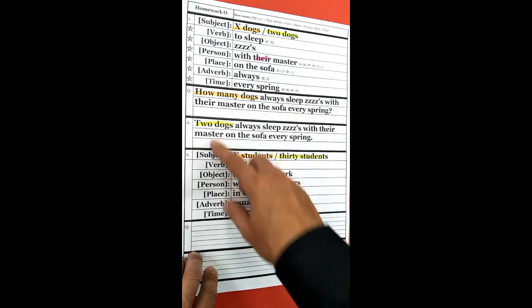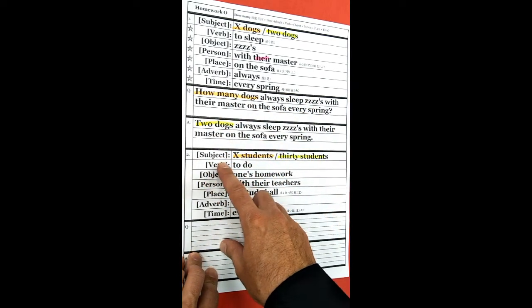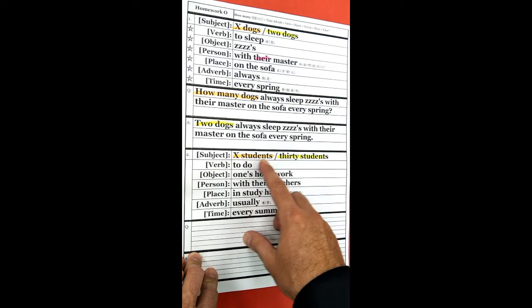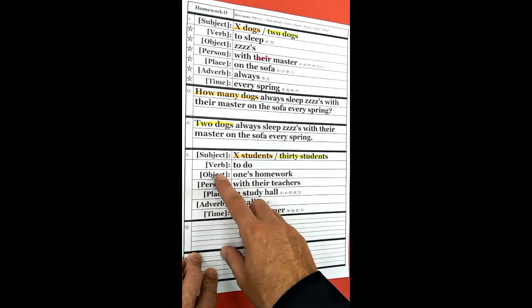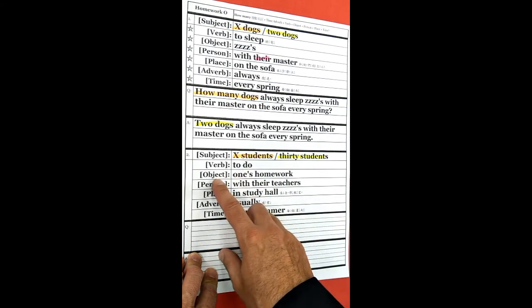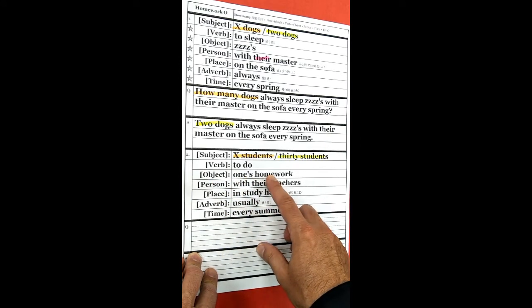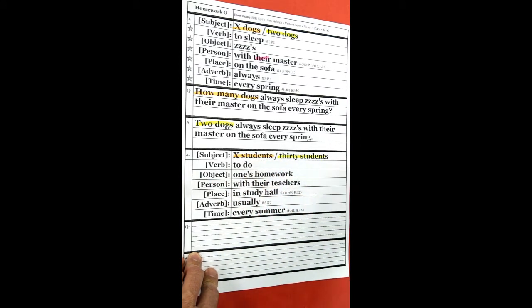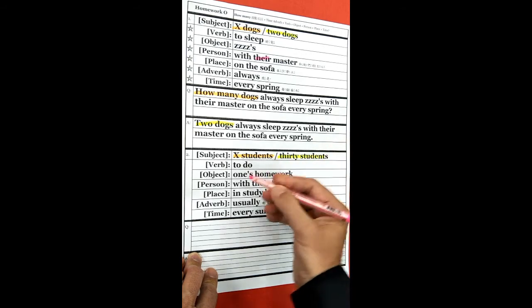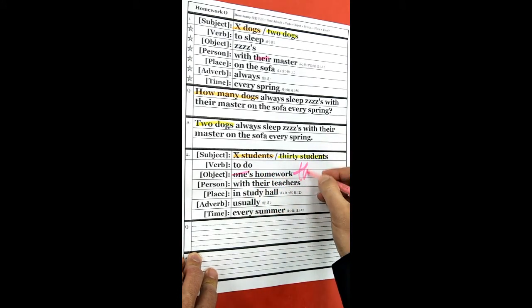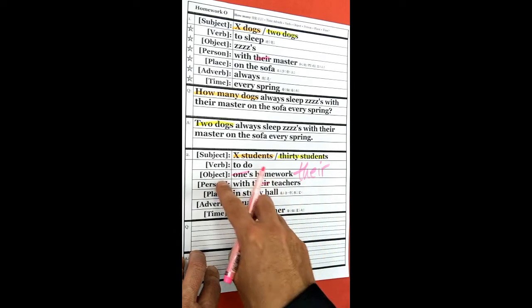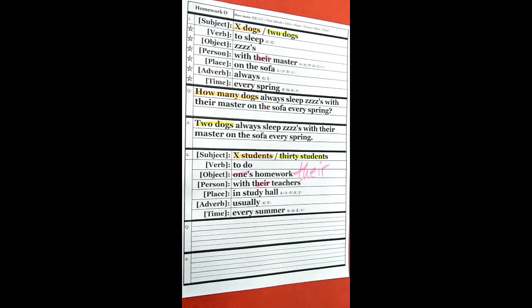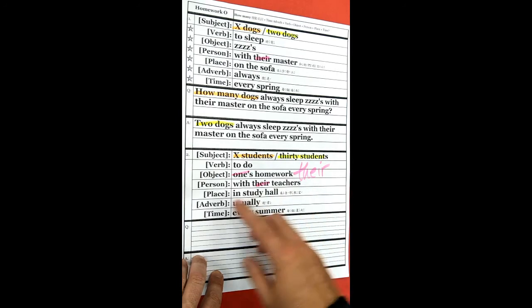This is very easy. How many? Number 2. Subject, X students, that's for the question. 30 students, that's the answer. Verb, to do. Object, one's homework. We're asking how many students, so we can use their homework.